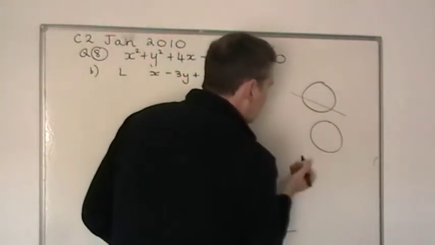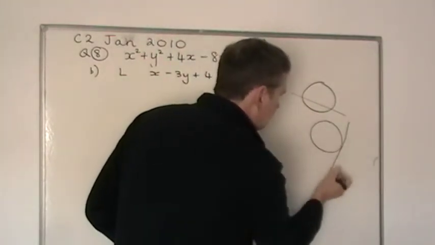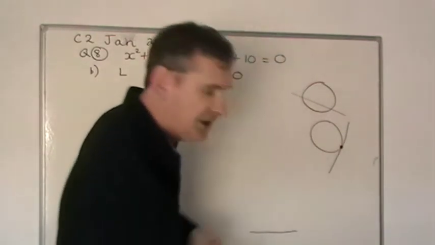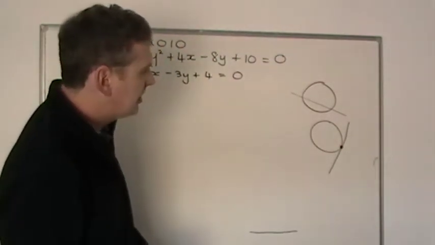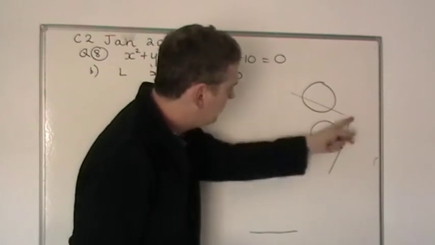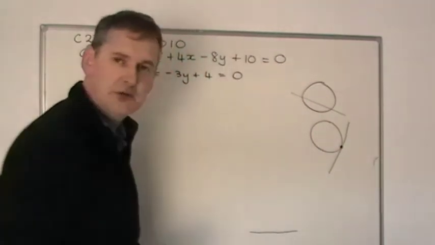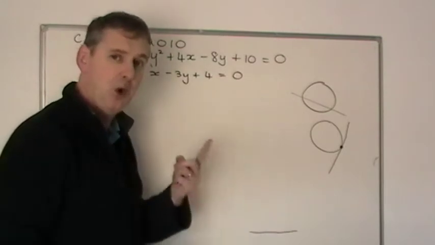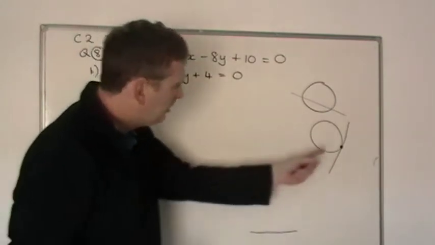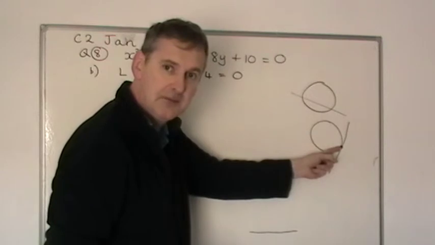If, however, the straight line is a tangent, touching there like so, then when you take the circle and the straight line equations and solve them simultaneously, there will only be one intersection point, which corresponds to that point there.